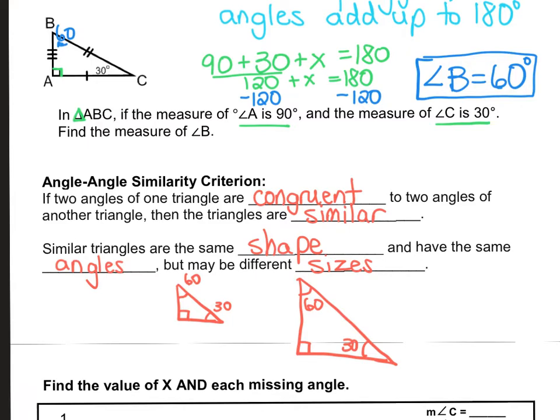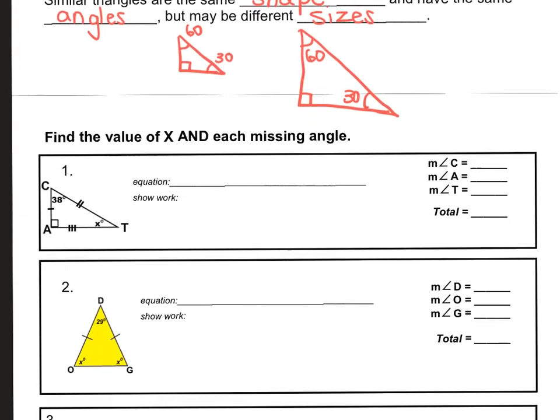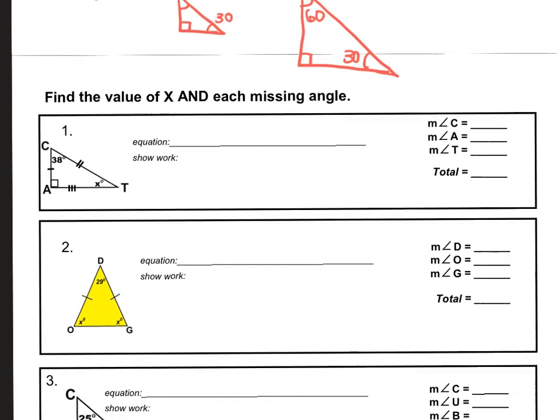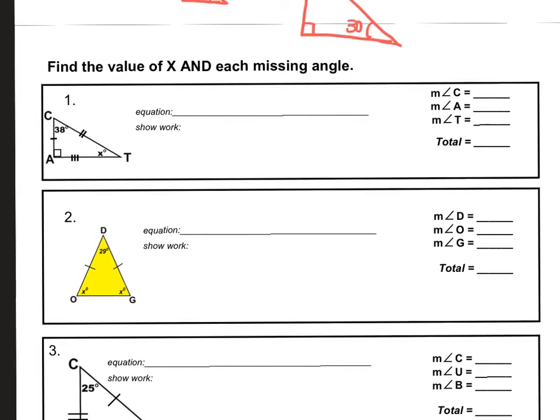All right, so we are going to figure out how to solve for the missing angle, how to find the missing angle in a triangle. And we're going to do that by writing equations and solving them. So whenever you see this, the M of angle C, that means the measure of angle C, the measure of angle A, the measure of angle T, and all of that.